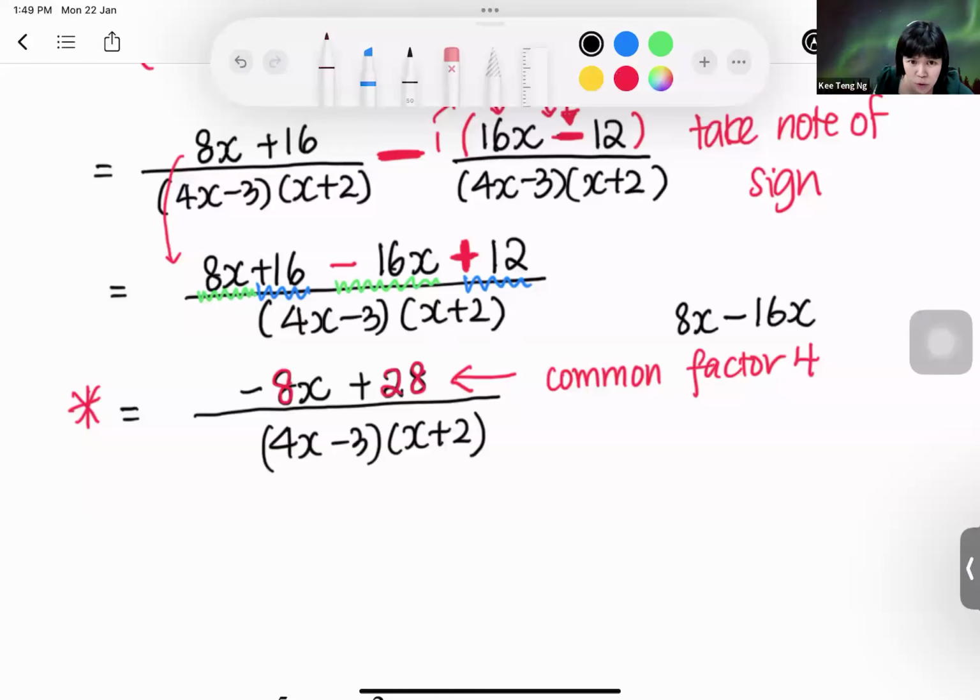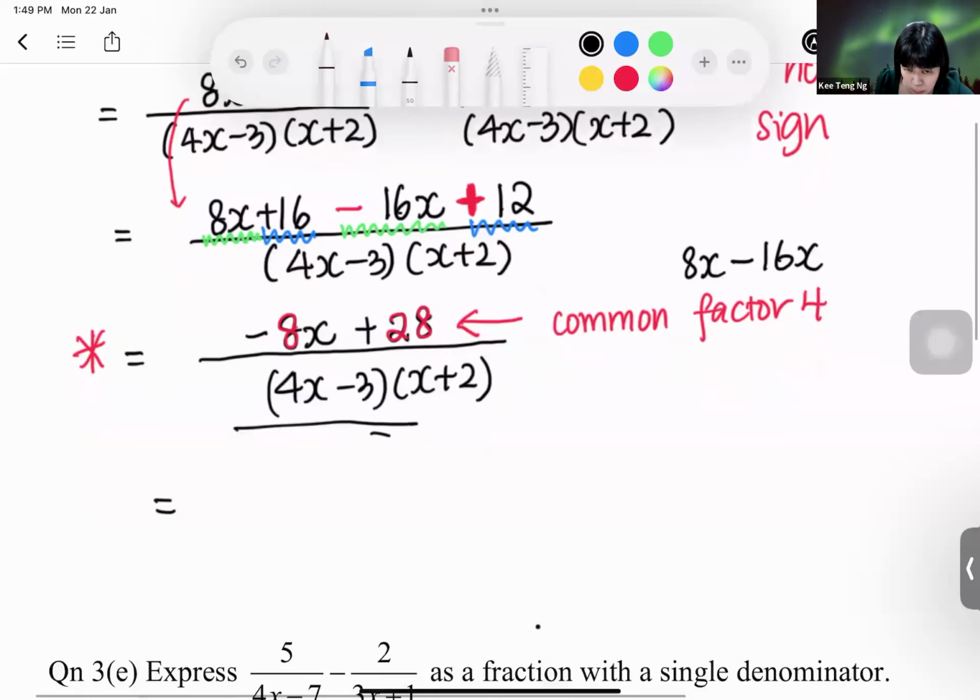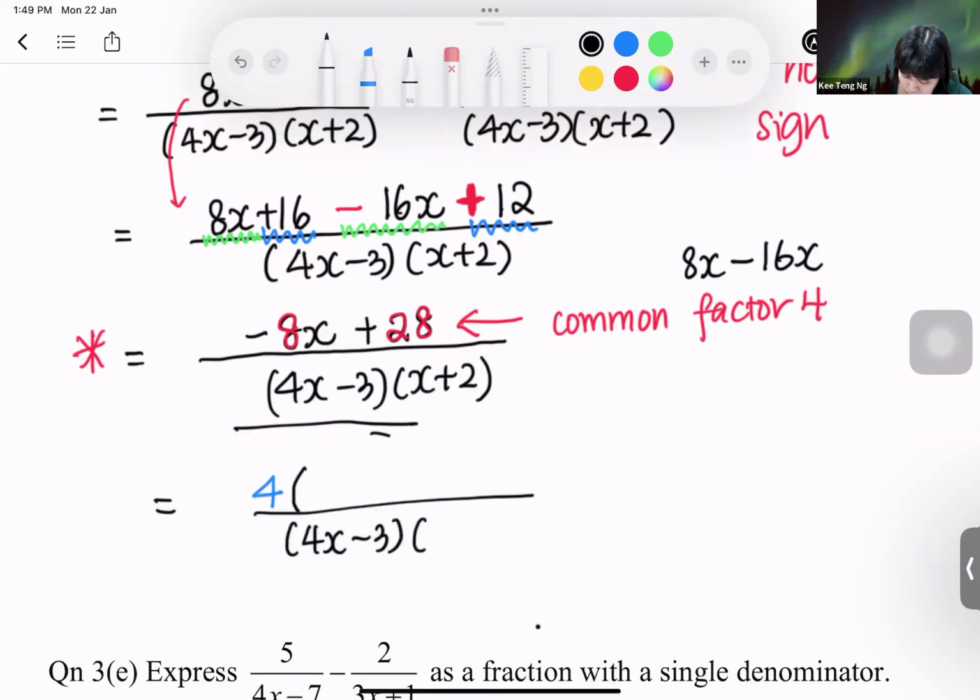What can I do? I can use this as my answer, or I can further factorize out the number 4. So I'm going to factorize out 4. My denominator stays the same. Negative 8 divided by 4, I'll get negative 2x.